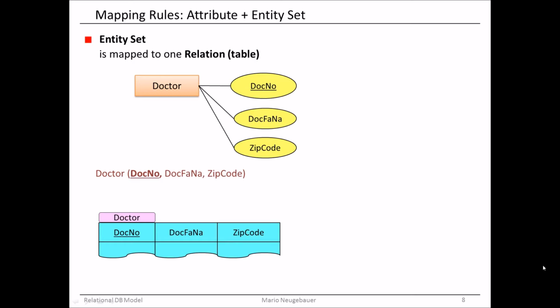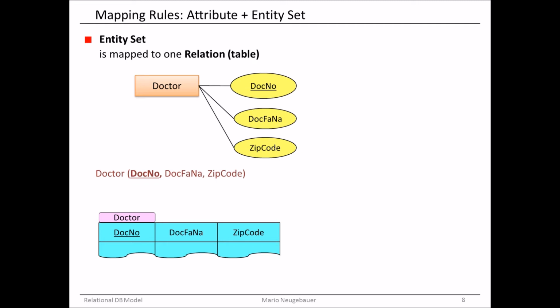So if we have, for example, this doctor entity set with doctor number, doctor family name and zip code, 3 attributes, and one of the attributes is the primary key, then we map it to a relation. This table is composed of the different attributes, and you name the relation like the entity set.